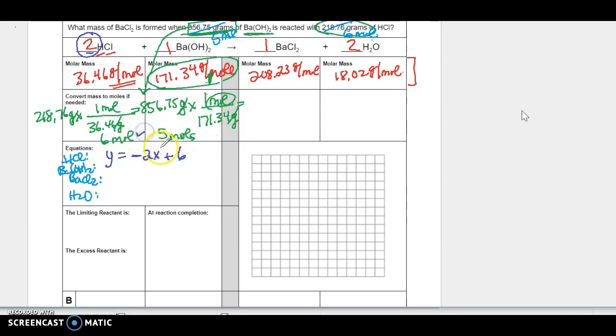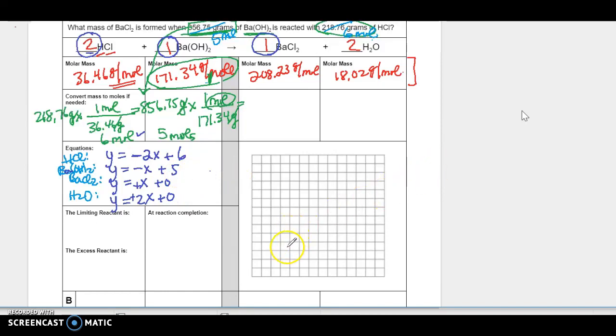My Ba(OH)2, I'm losing 1 every time, and I started with 5. My barium chloride, I'm gaining 1 every time because that's a product, and I always start with no product. And my water, I'm gaining 2 every time, and I started with nothing.